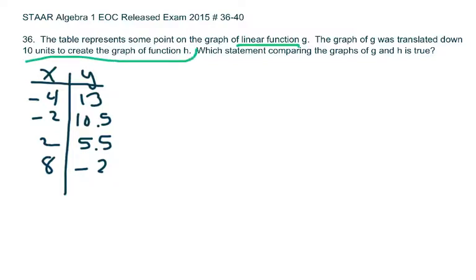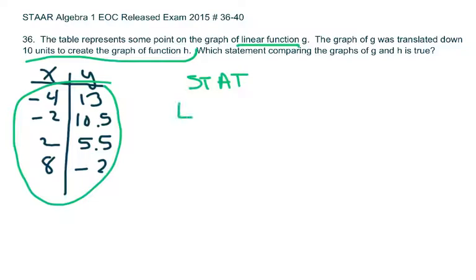So basically what I did, instead of plotting these points and then trying to graph and translate down, is I used stat, L1, L2, this would be your x and y values.